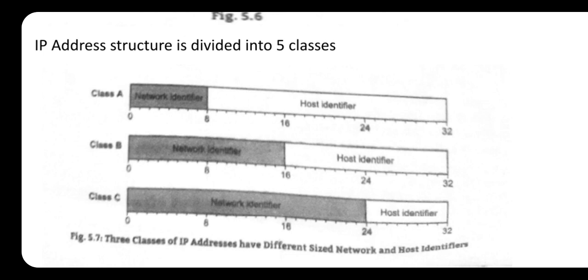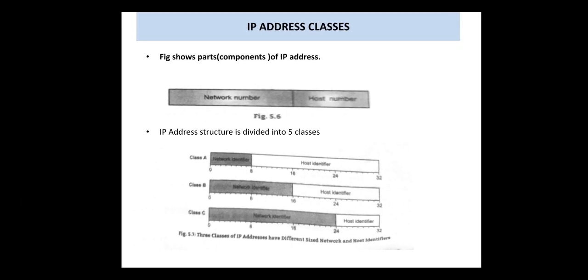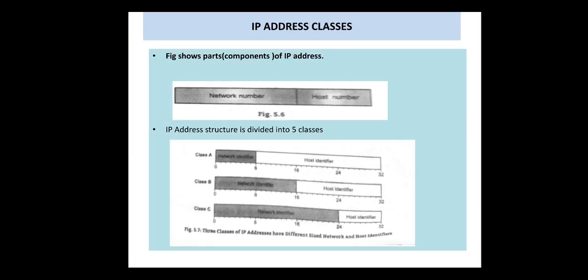For class B, the first 16 bits, from 0 to 15, are for network identification and the remaining 16 bits for host identification, because an IP address is 32 bits. For class C, out of 32, 24 bits are for network identification and the last 8 bits are for host identification.